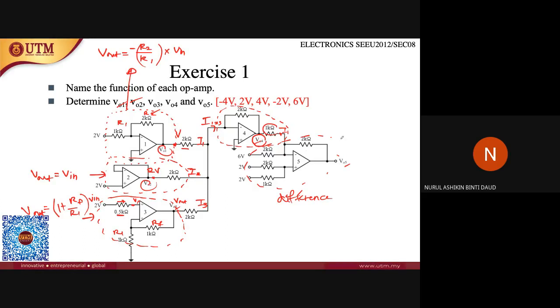Kalau macam ni, in the exam, it will give this kind of configuration, which kalau sekali tengok, it looks like we didn't learn it at all. Tapi once you look at it one by one, it is actually a combination of all the configurations that we have learned before.